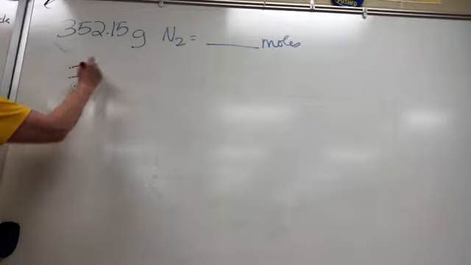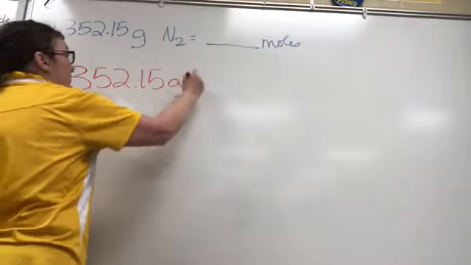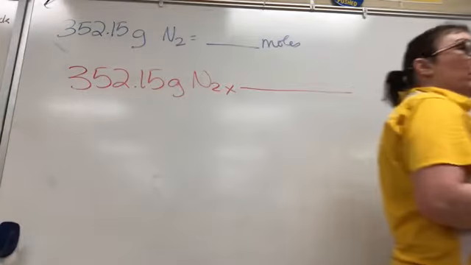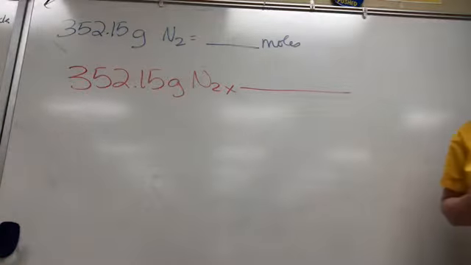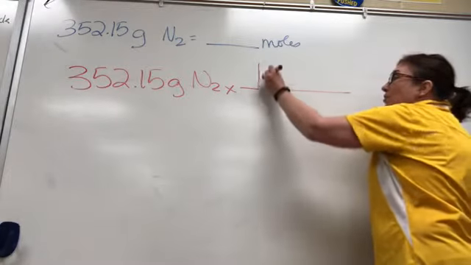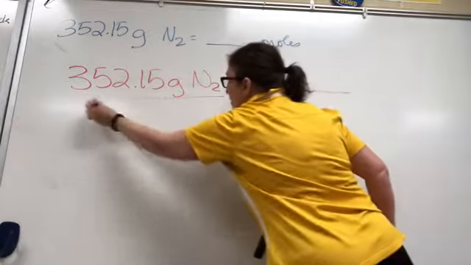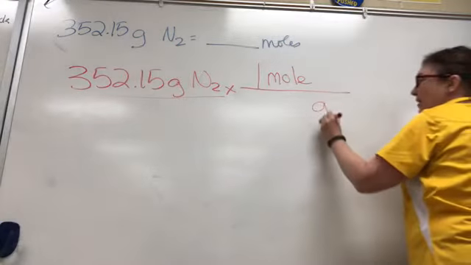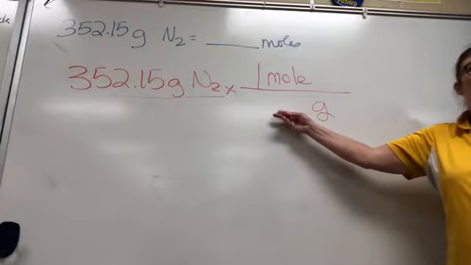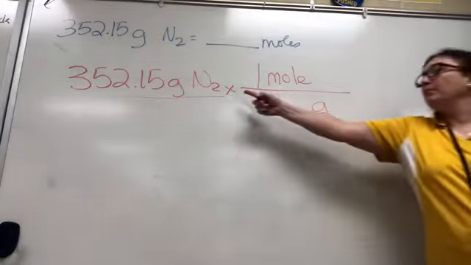Perfect, thank you. 352.15 grams of nitrogen. Now I'm looking for what? Mole. So what goes on top over here? 1 mole. 1 mole goes on top. And since grams is up here, grams has to go down here. What number goes down here? Which is what? There's 2 of them.